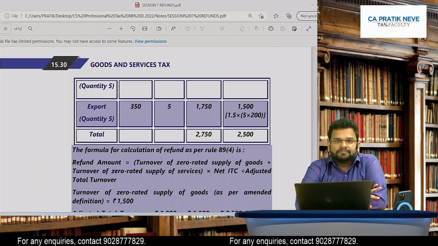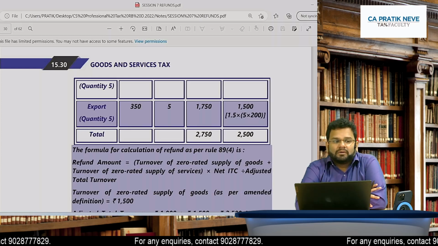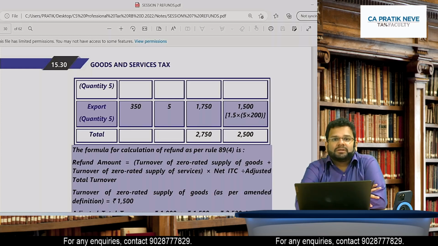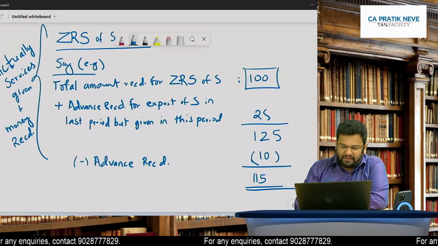Can you see? Okay, please observe, Pratiksha. You seem to be confused at this point, but observe. I'll tell you what's happening.